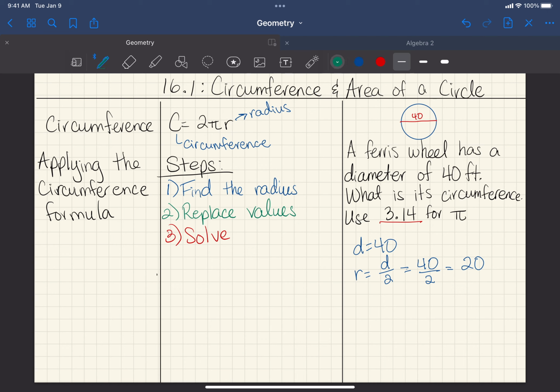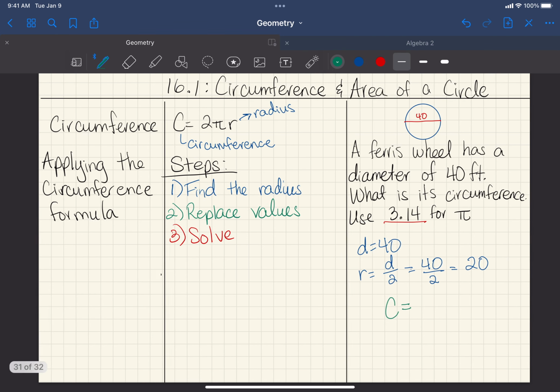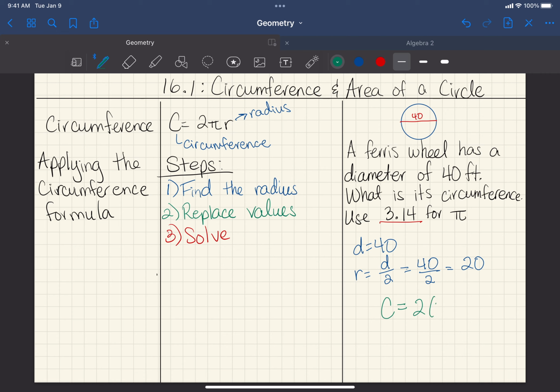Now, my second step is to just replace the values. So all I'm going to do is the circumference is equal to 2 times 20 times 3.14. Now, even though my radius shows up at the end, I usually like to put it next to the 2, and put pi at the end.